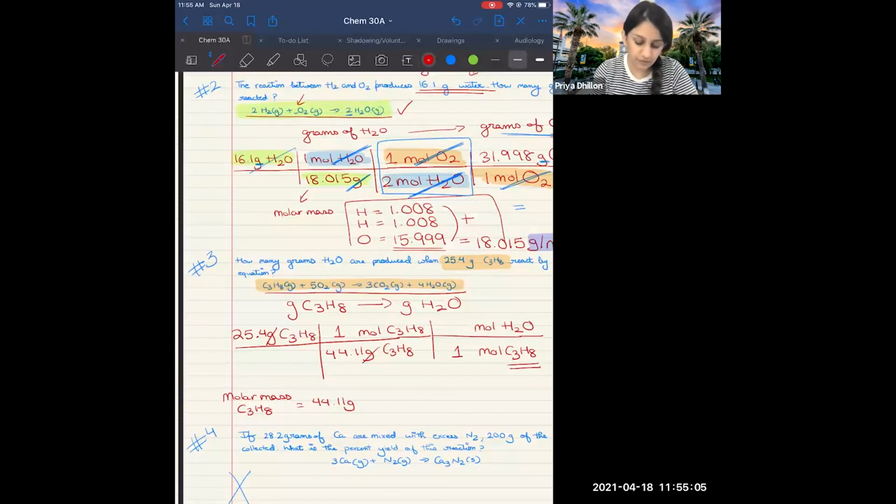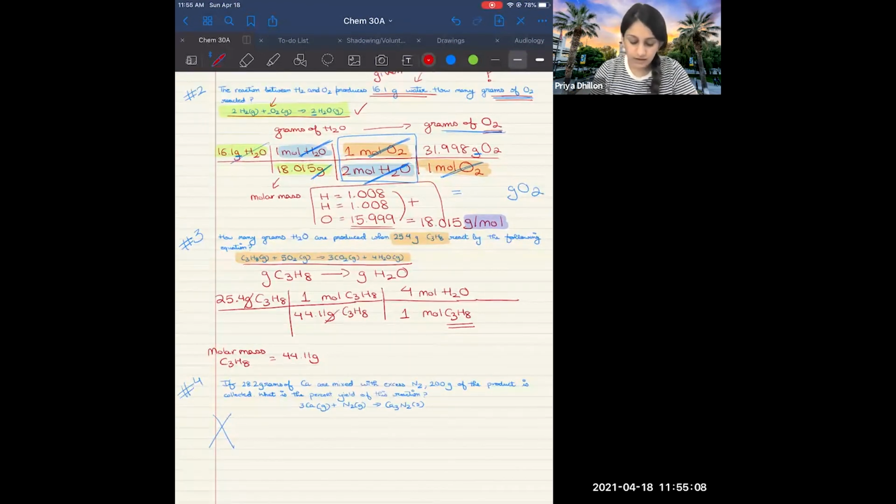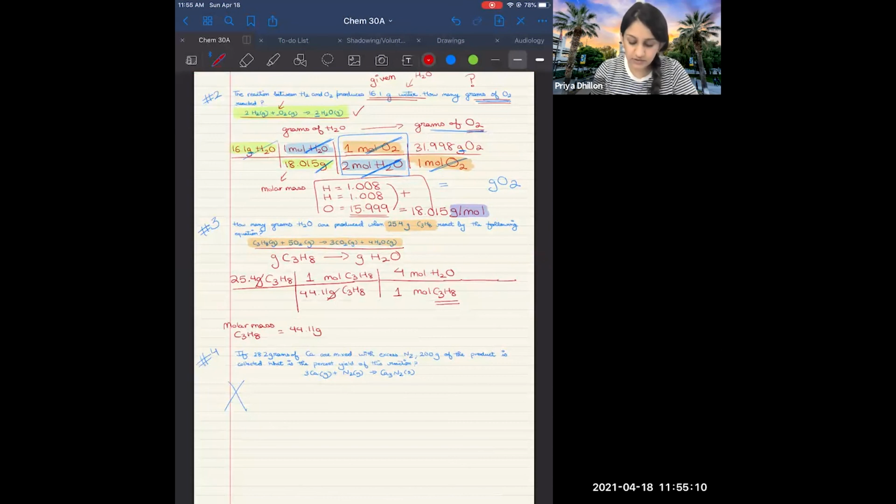Yes, it is going to be 4. Now they want the answer in grams, right? So we are going to put 1 mole of H2O. Does anybody know the molar mass for H2O? We found it in the last equation as well.